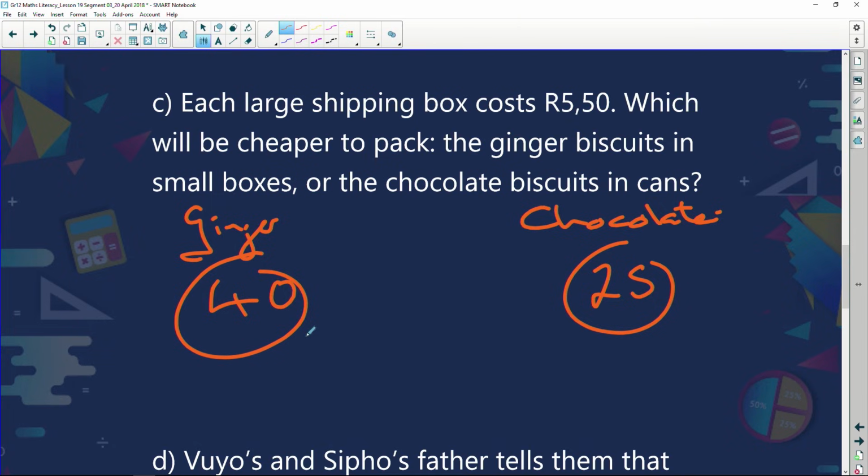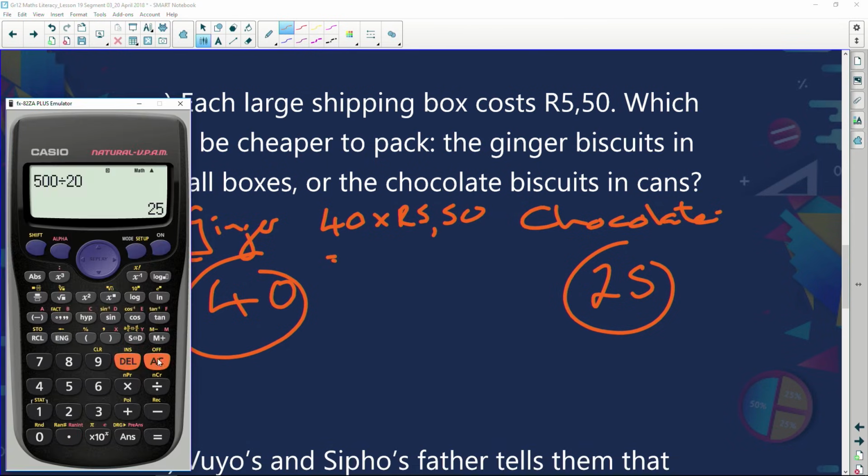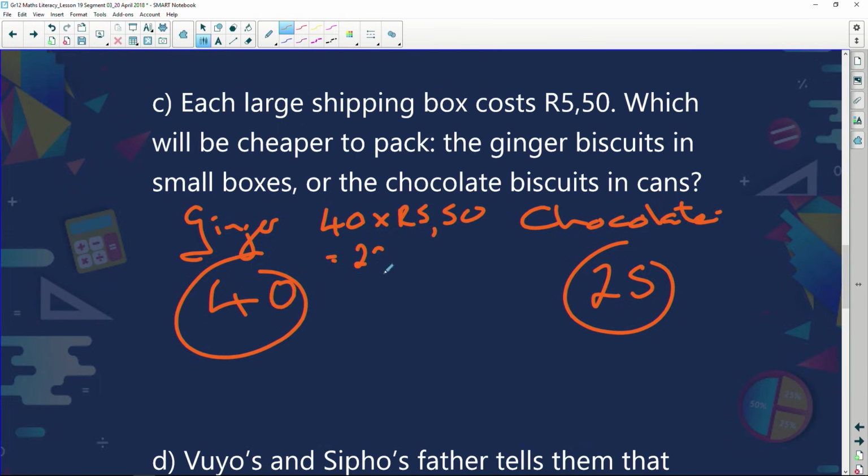Where we would have had to do a calculation would have been if the question had said, how much more expensive would it have been to pack the ginger biscuits? And we would have then said, well, we've got 40, each one costs 5 Rand 50, which would have given us a cost of 40 multiplied by 5 Rand 50, and we get 220 Rand.